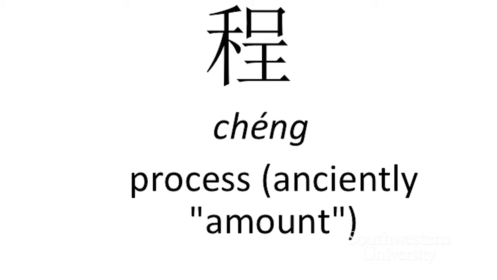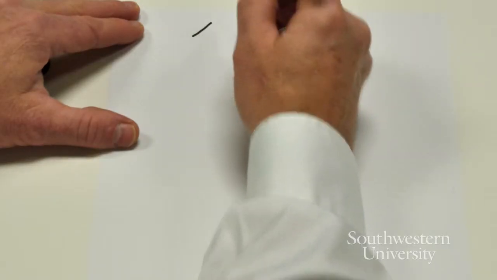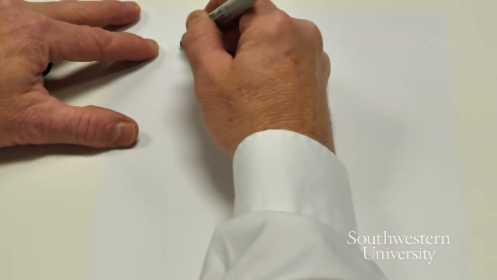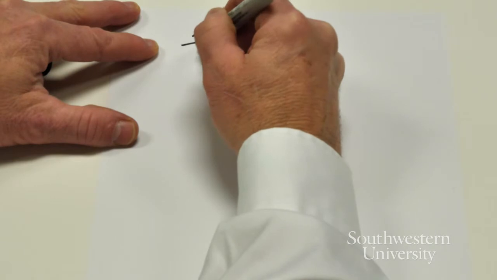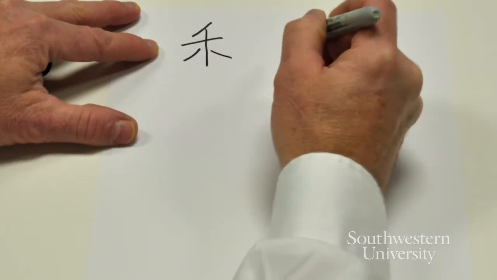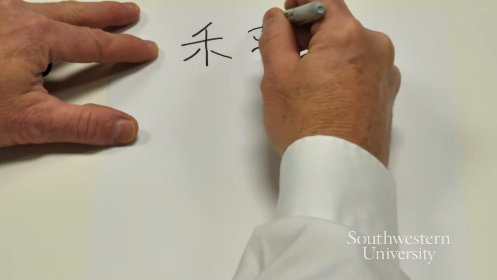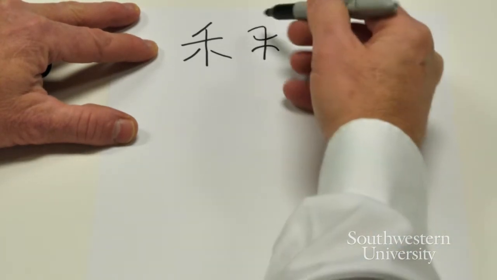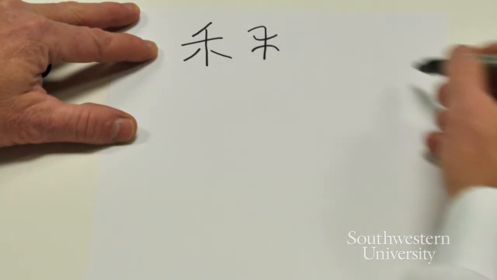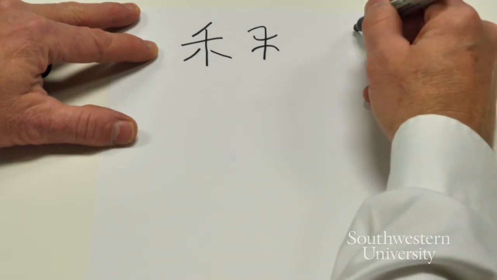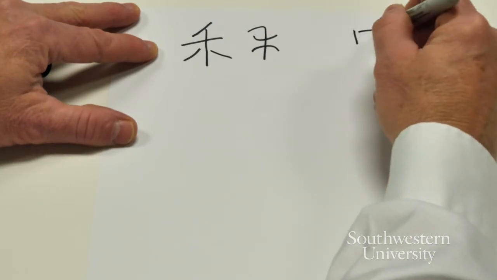The next character has two components. It means process. The components don't seem to relate much to that. You have a he on the left side. This means millet, from a depiction of the millet plant with its ear of grain hanging over. The right hand is a mouth.